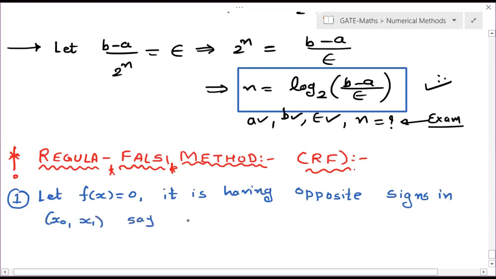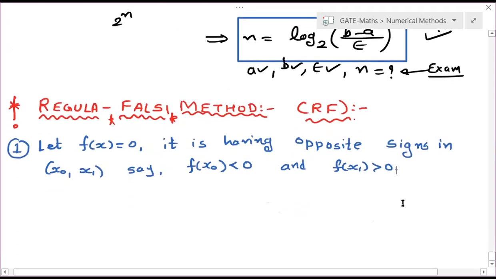Say f of x0 is less than 0 and f of x1 is greater than 0.